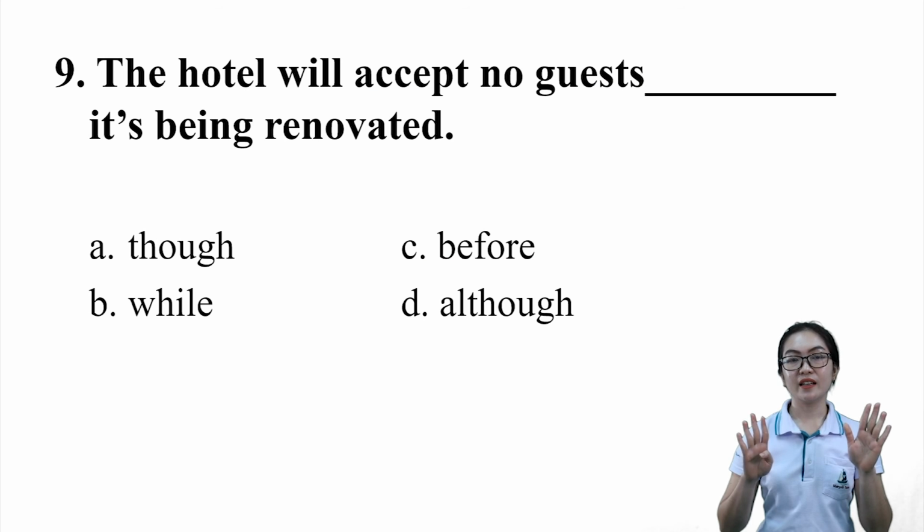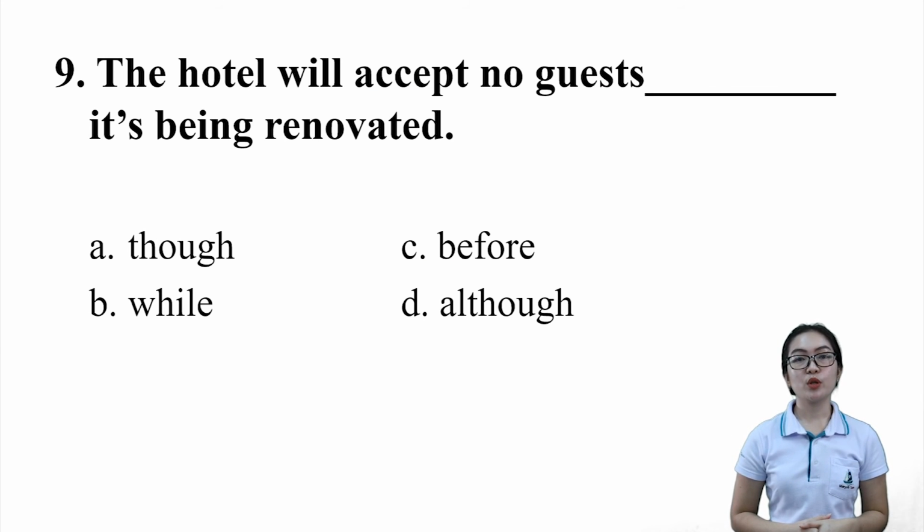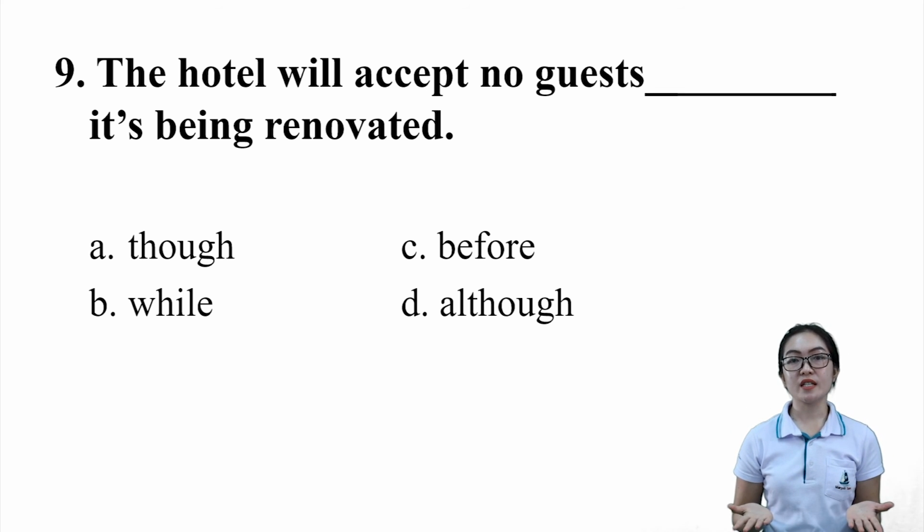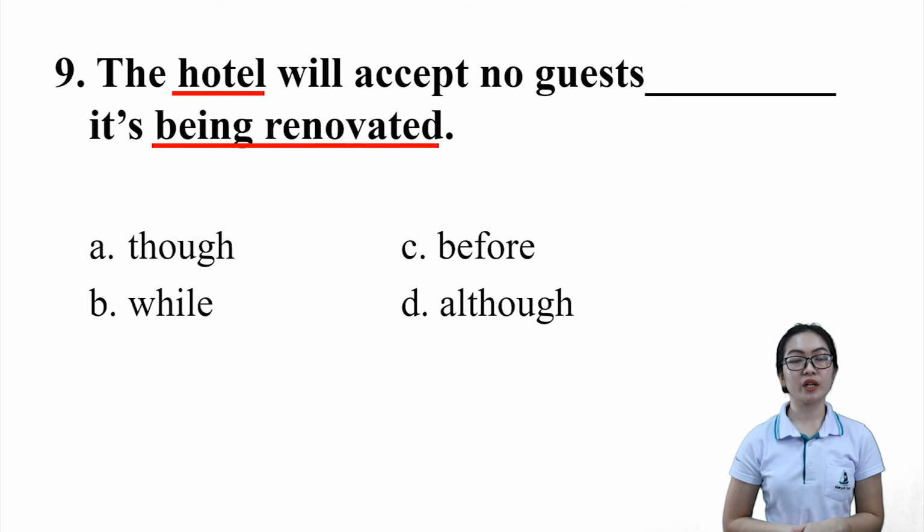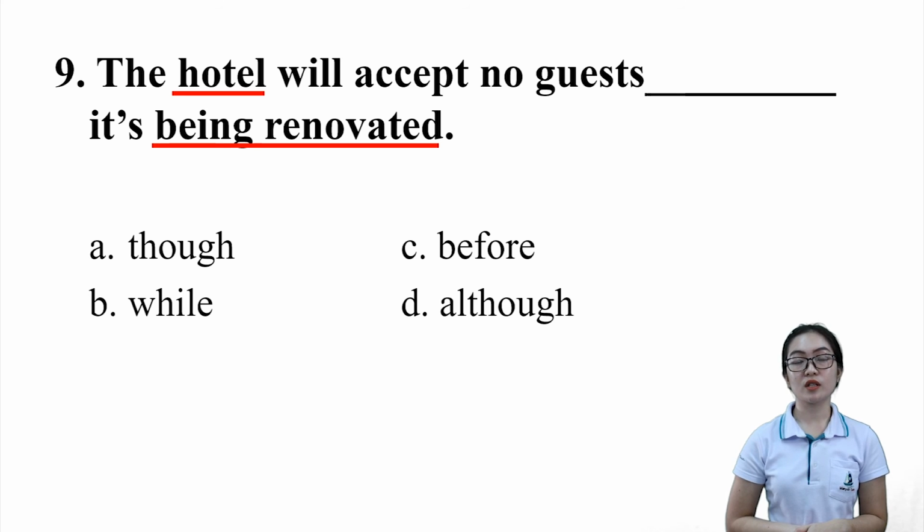Number 9. The hotel will accept no guests blank it's being renovated. A, though, B, while, C, before, or D, although. Seeing the choices here, we only have conjunctions for time and contradiction. If the hotel is being renovated or restored, it can't accept guests since it will be dangerous.